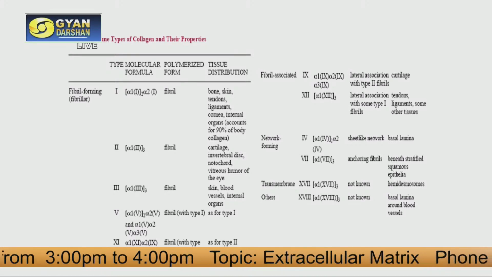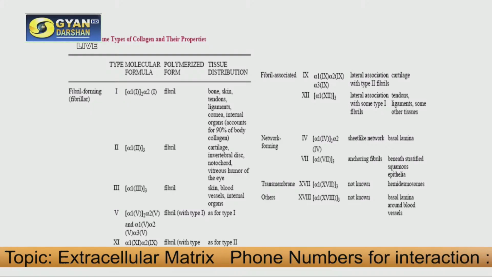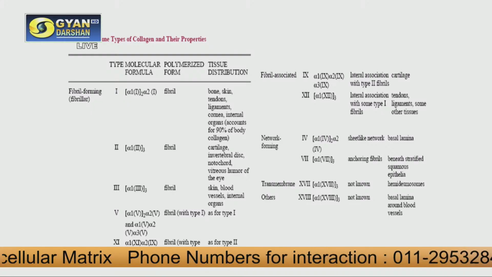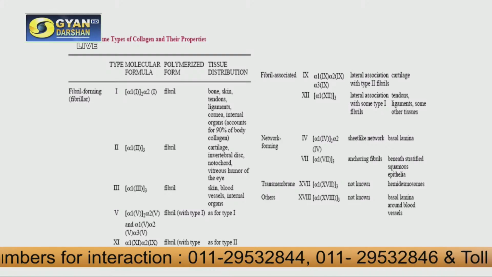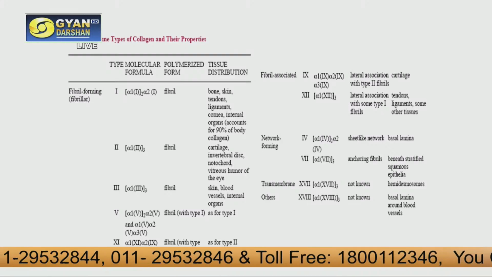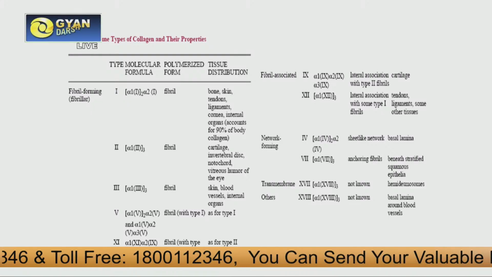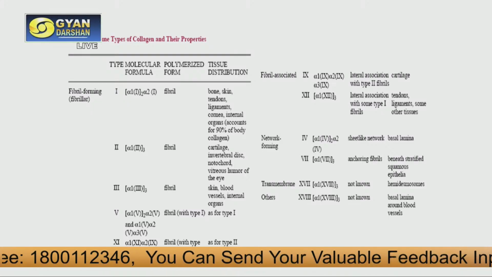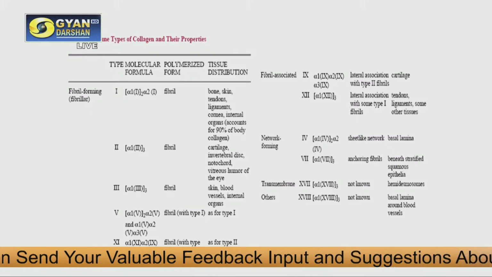So you see, the collagen molecules are actually categorized into 4 groups. One is fibril forming collagen, or the fibrillar collagen. Then fibril associated collagen, network forming collagen, and transmembrane or other collagens.